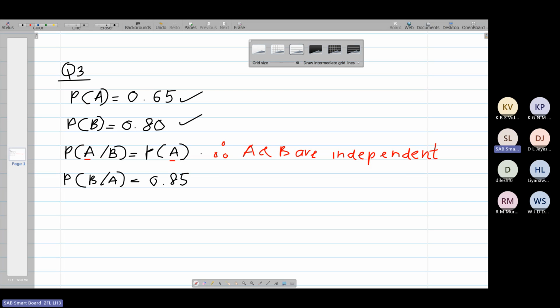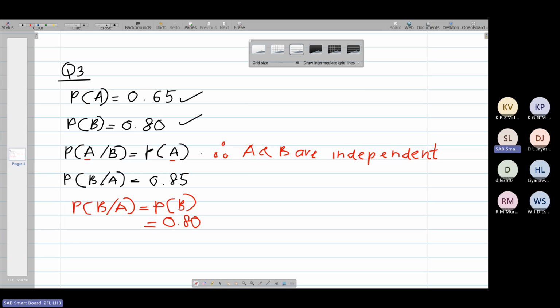The fourth point says B given A. Under the third point, we assume these two events are independent. Then what is the answer here? B given A should be equal to the probability of B, since the second event is B. Then what is the probability of B? 0.80.